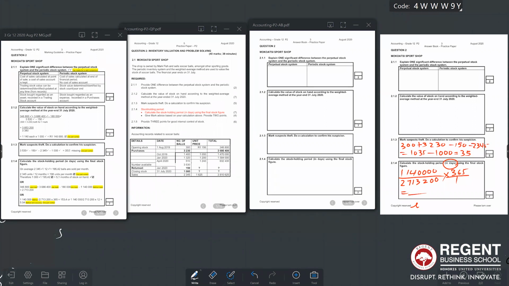Work that out and you're going to get your answer in days: 1,140,000 divided by 2,713,200 times 365 gives an answer of 153.4 days.